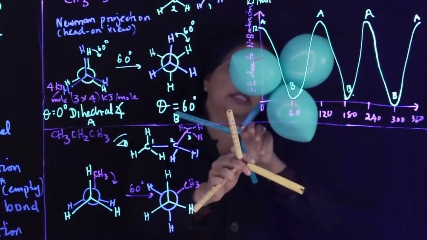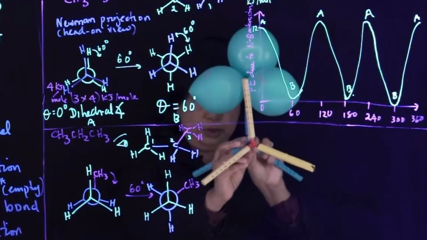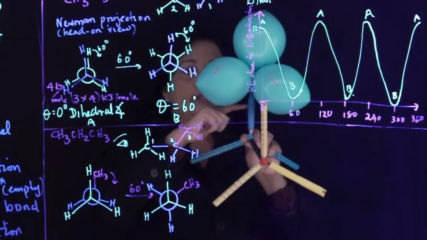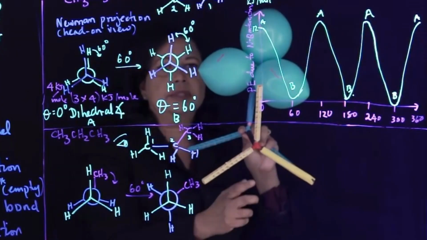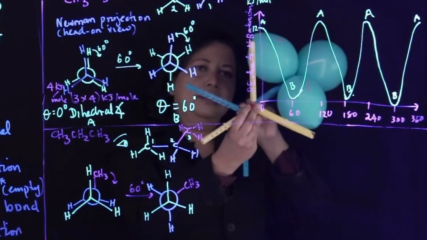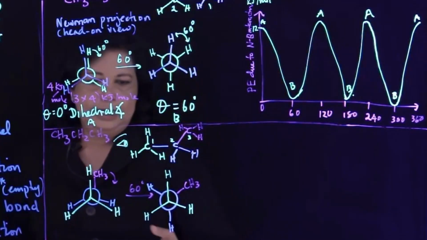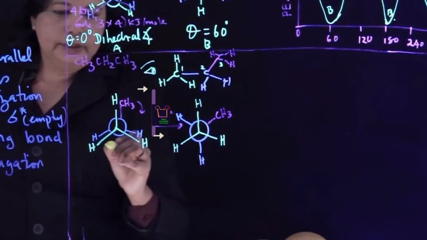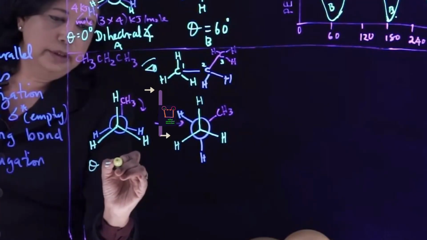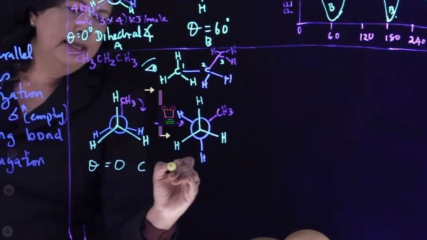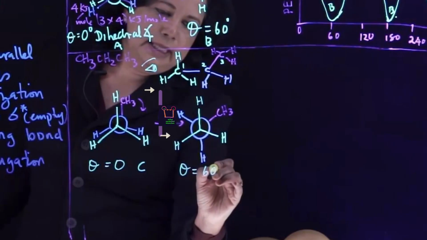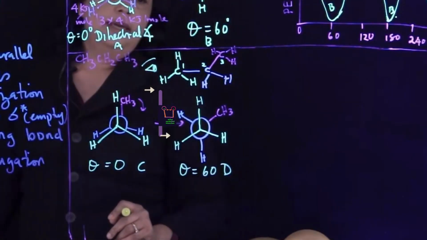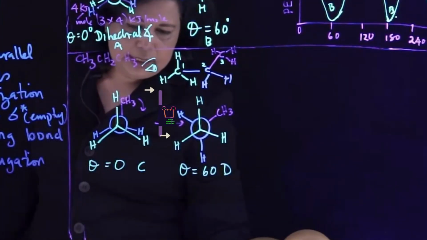There are only 2 possibilities. It's either all eclipsed, 2 CH eclipsed and a CH eclipsed, or staggered. So they're going to go alternating, in the same thing. So here theta is equal to 0, let's say is C, theta is equal to 60, let's say is D, and we can calculate the energies.